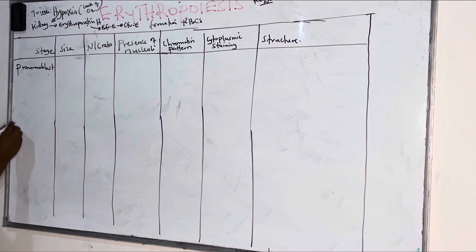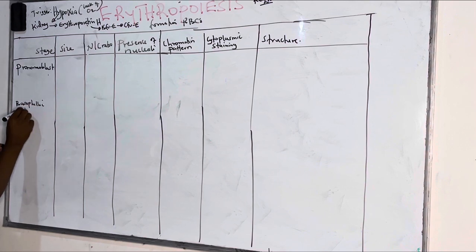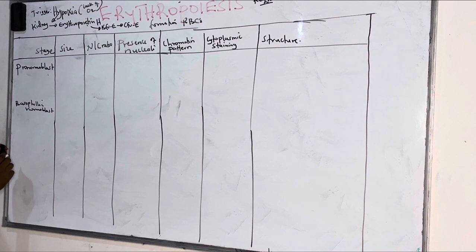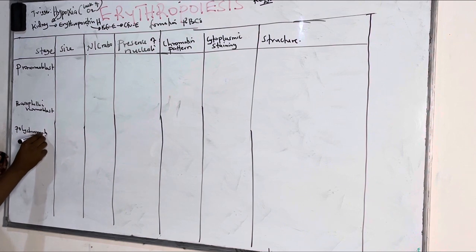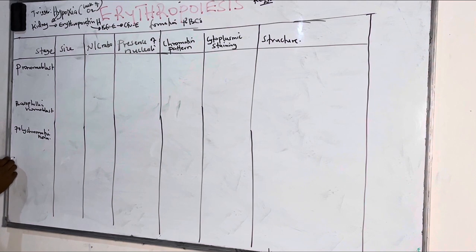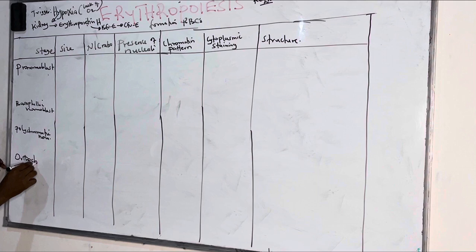Then it gives rise to the basophilic normoblast. Then it gives rise to polychromatic normoblast. Then this gives rise to orthochromatic normoblast.